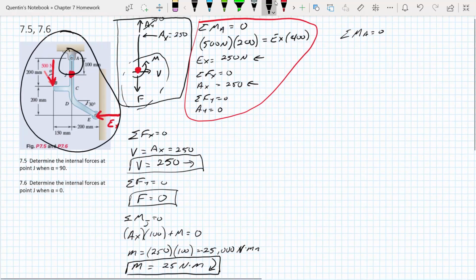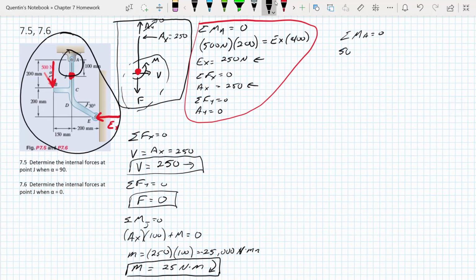Okay, so in this case, you're going to have 500. Now the lever arm is from here to here, which is times 150. And that's going to make it rotate in this direction. So that's going to still equal EX times 400.